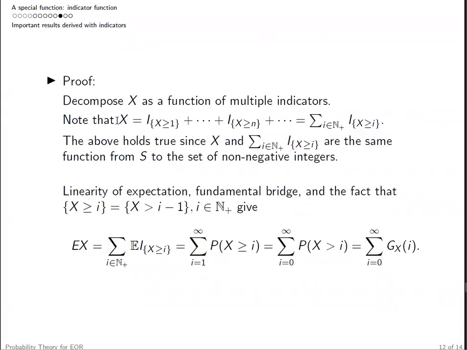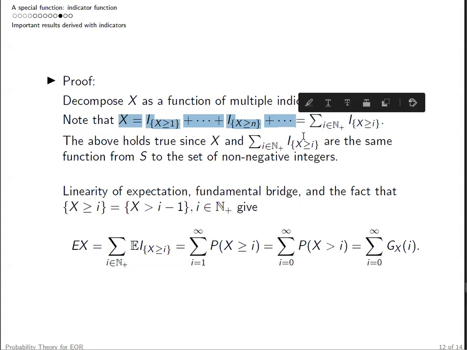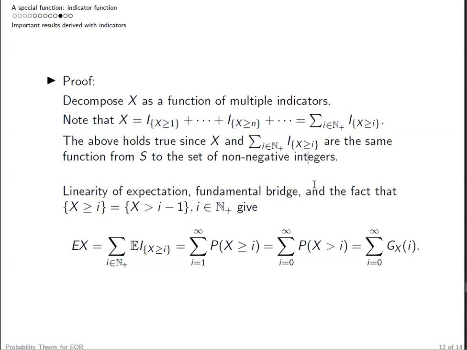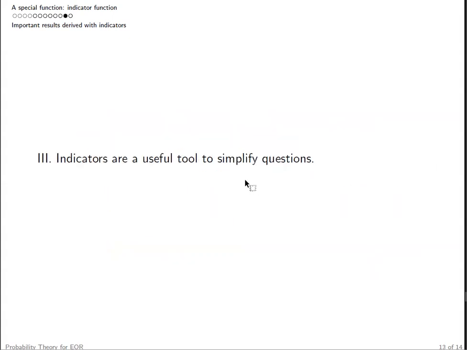Now we have already seen one example, so we're going to apply a similar trick. We're going to again decompose some random variables as a summation of indicator functions. This is a very important trick of applying indicators to solve real problems.